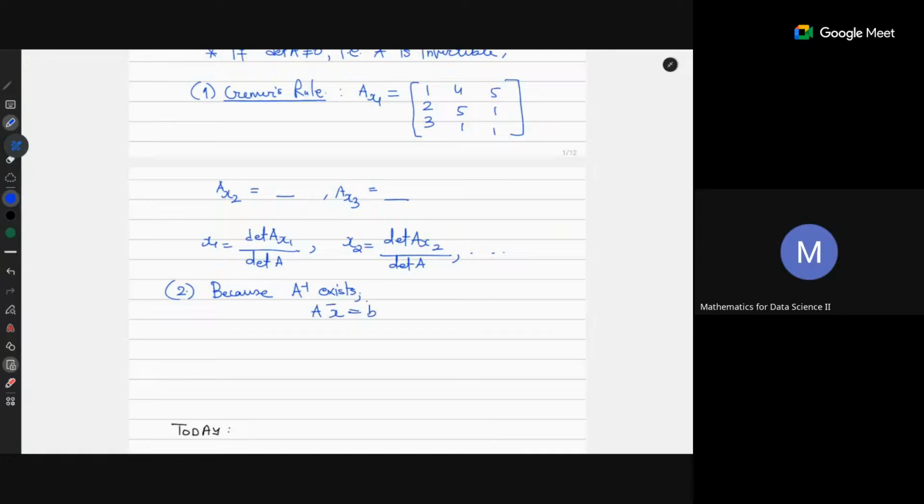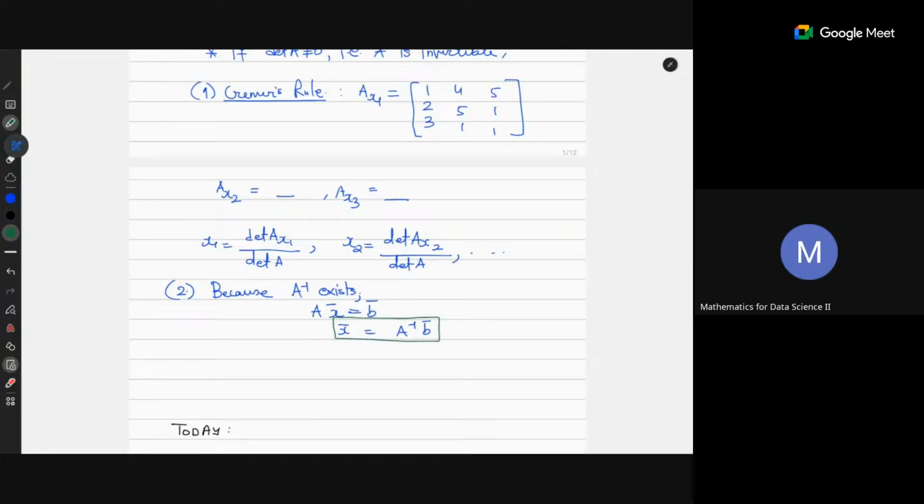The matrix representation was A X bar is equal to B bar. Now I multiply A inverse on both sides, and this will give me that this will become I, and this will remain as it is. So multiplying I with X bar will give me X bar only.